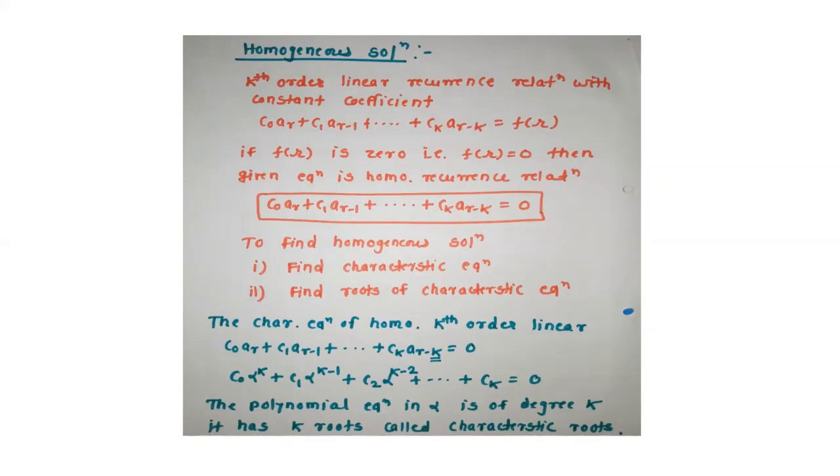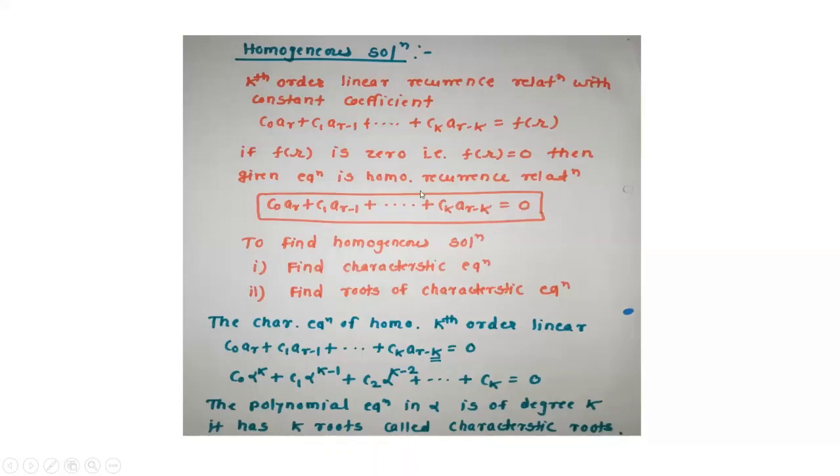If F of R is 0, that is, if the right hand side is equal to 0, then the equation is a homogeneous recurrence relation, that is C0 AR plus C1 AR minus 1 plus up to CK AR minus K is equal to 0. So this is your homogeneous recurrence relation.